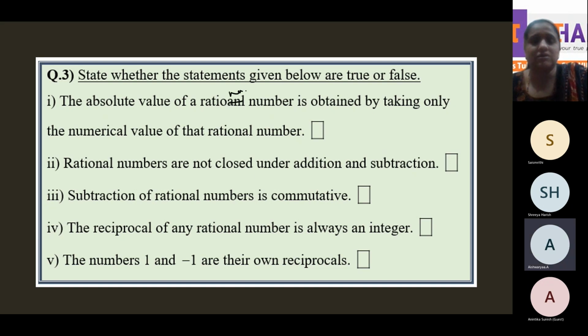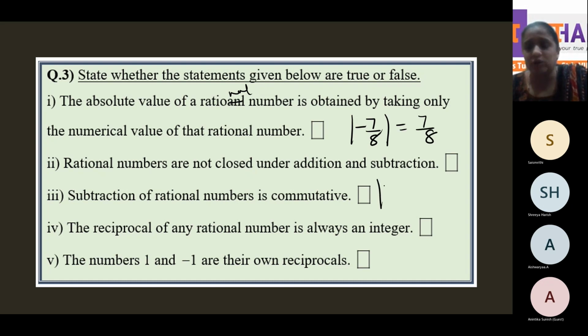So the absolute value of a rational number is obtained by taking only the numerical value of that rational number. Correct. If it is -7/8, we ignore the minus sign. The absolute value of -7/8 is 7/8. The absolute value of 7/8 is also 7/8, not -7/8.